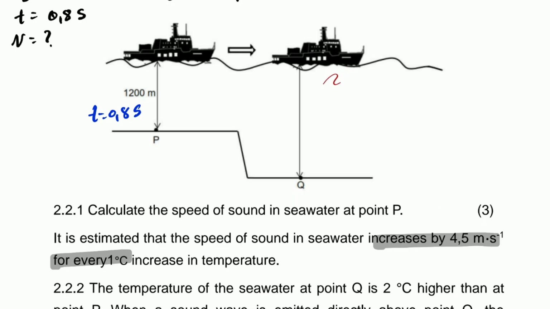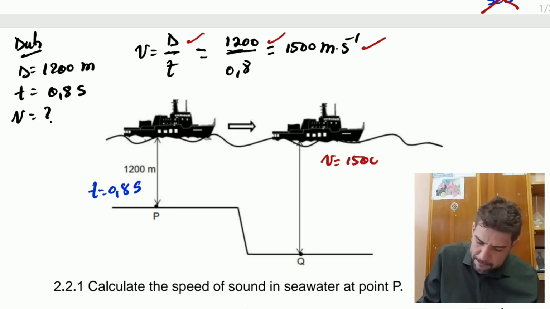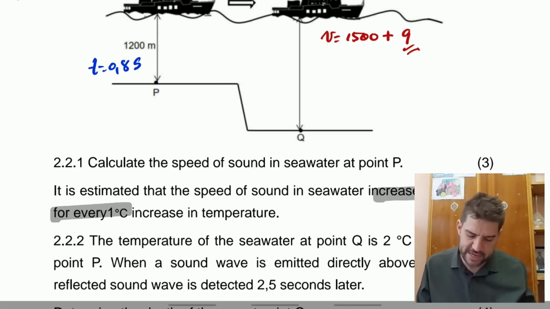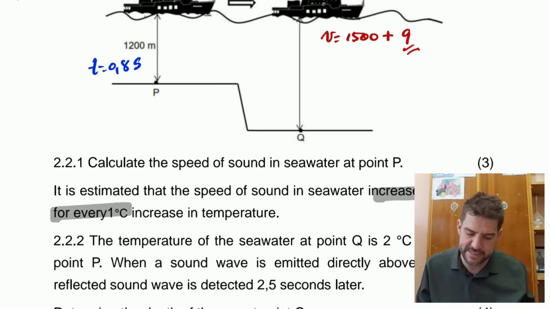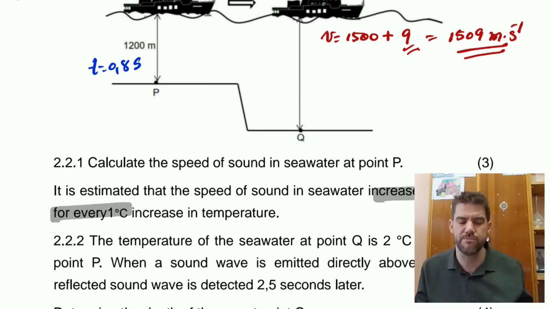So speed here is equal to same speed, 1,500 plus 9, because it increases by 4.5 every 1 degree, but there are 2 degrees of temperature increase. So this is equal to 1,509 meters per second. That is the speed to reach point Q.